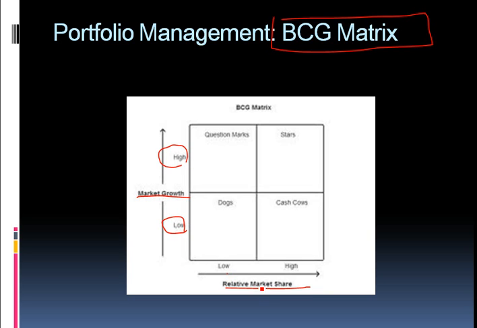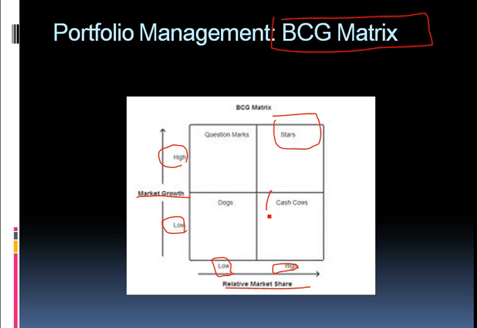And your current market share is low and high. So, for example, the potential of market growth is very high, and you are also in a very competitive position in that industry. You call it a star. That is profitable right now. Also, that will be profitable in the future.